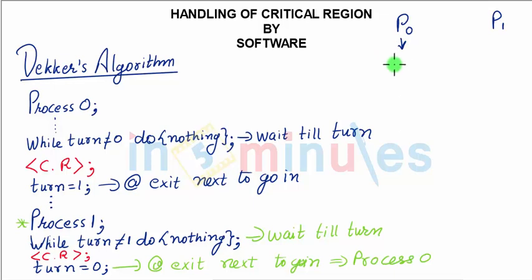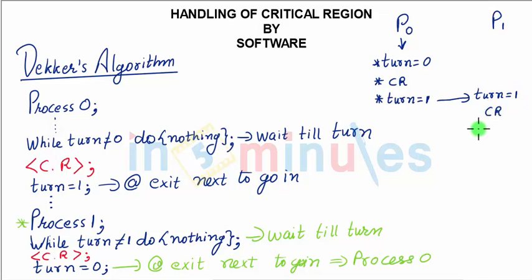When process 0 enters, probably that time the turn would be 0. It will enter the critical region and at the time of exit it will make turn equal to 1. When it is made, the control will be transferred to P1, which was already waiting because turn is 1.